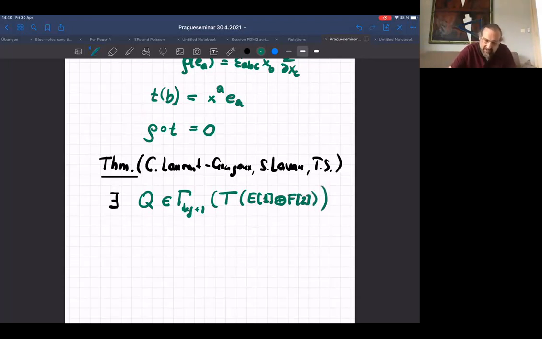So you see here we have coordinates of degree 1 inside. Let's call them psi A, and we have coordinates of degree 2 inside here.